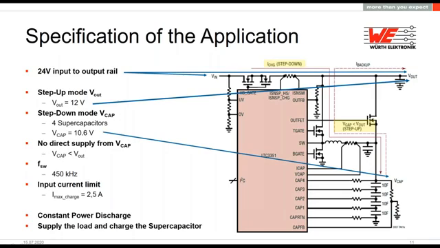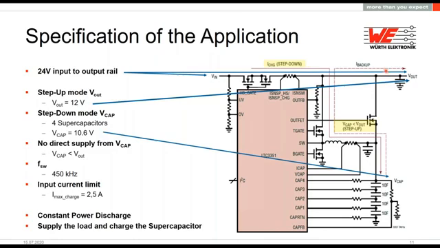Of course, we could go higher for the bank voltage to have more energy in the system, but we go for some safety margin. The single cell voltage of the supercapacitor is 2.65 volt, so we have a little safety margin. The 10.6 volt means there is no direct supply from the supercapacitor bank because it's a lower voltage than the output voltage in backup mode, so we supply over the step-up converter.